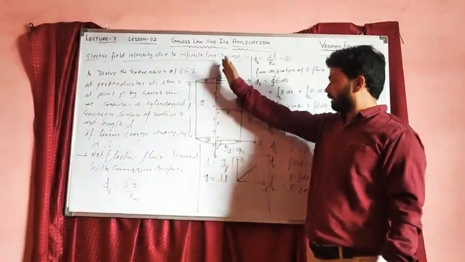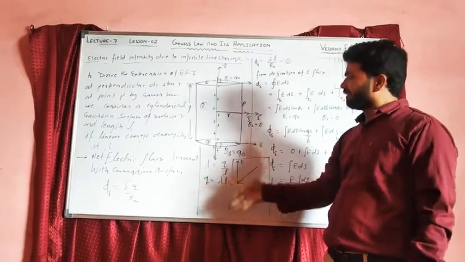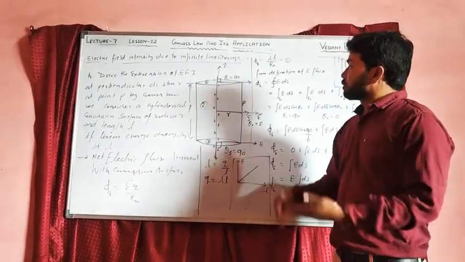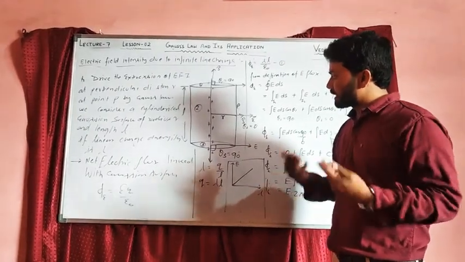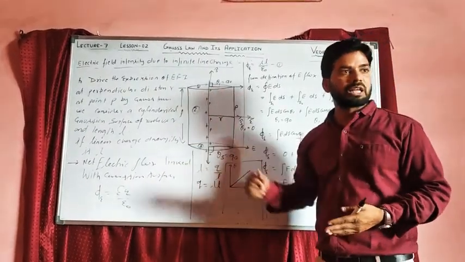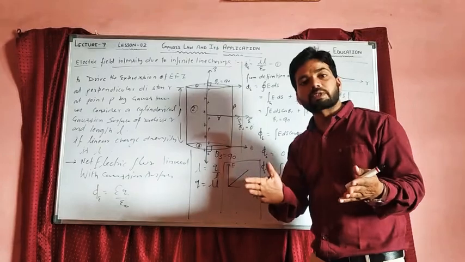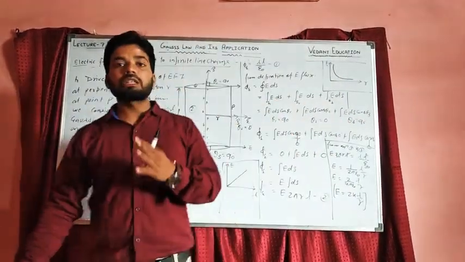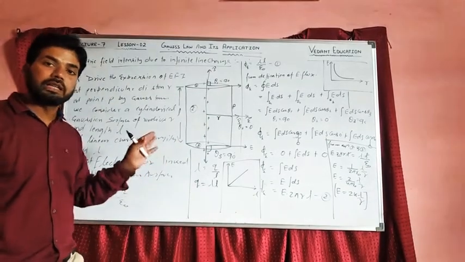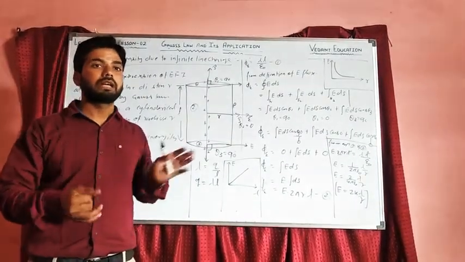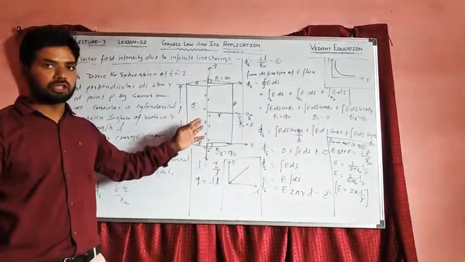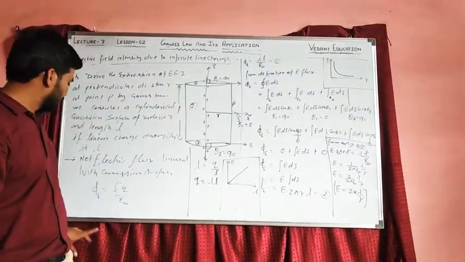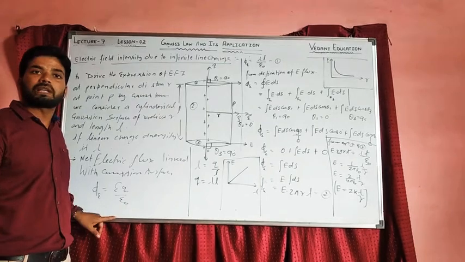It is an infinite line charge. We consider a small portion of this charge. To apply Gauss's theorem, we must enclose the portion of charge. So to enclose it, we consider a cylindrical Gaussian surface of radius r and length L. According to Gauss's theorem, net flux linked with this surface is phi equal to summation q by epsilon 0.